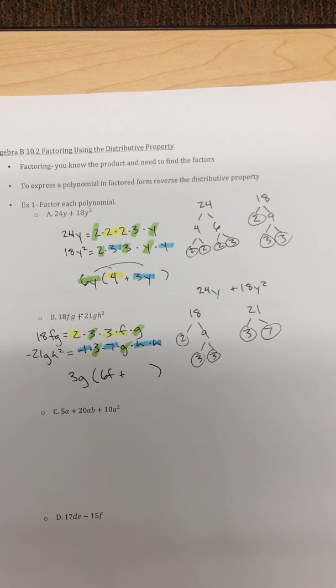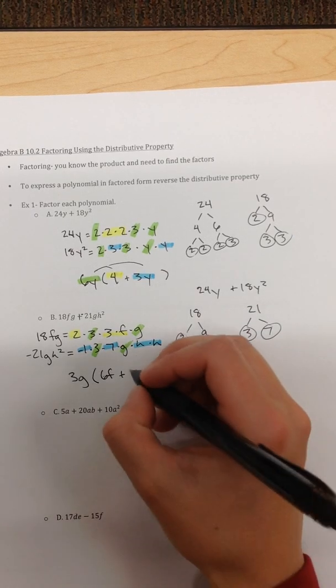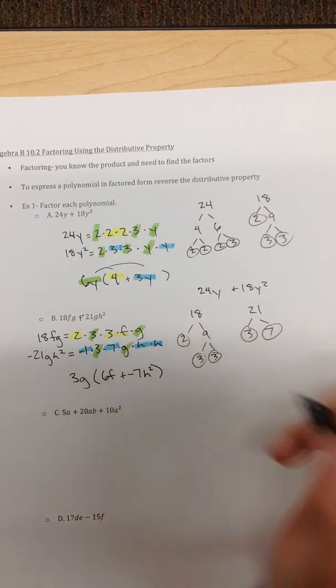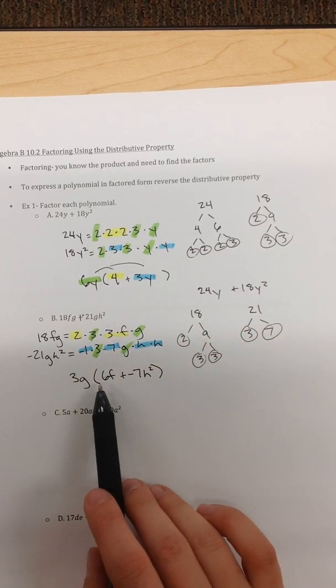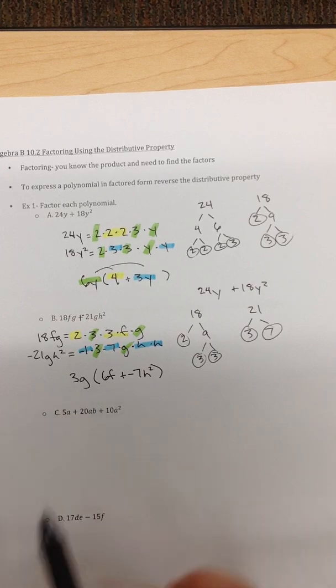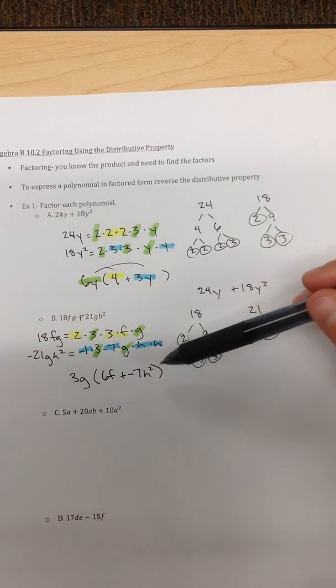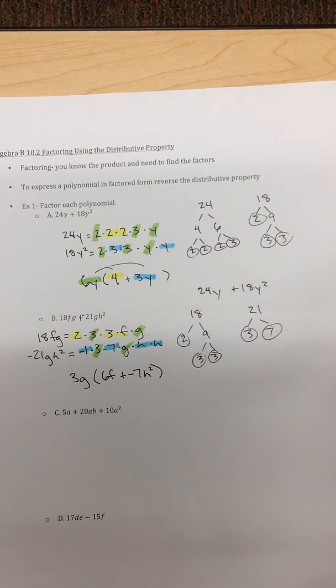So you could either think of it as like subtract the 7H squared or plus a negative 7H squared. Either way is fine. So I'm going to go negative 7 and then H squared. So that would be my blue, this would be my yellow, and this would be my green. And then if I wanted to check it using distributive property, I could go through there, and I should get the same thing I started with.